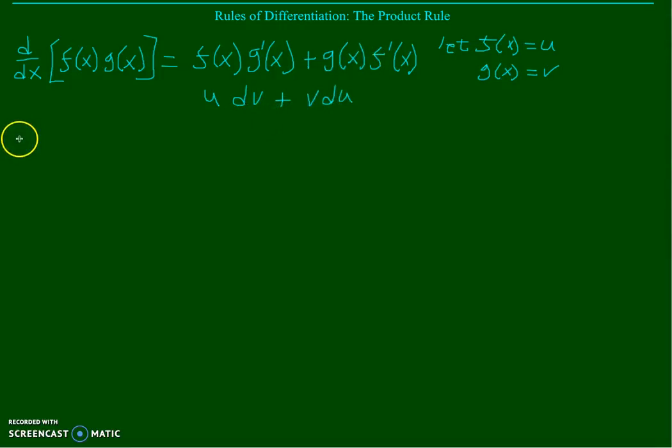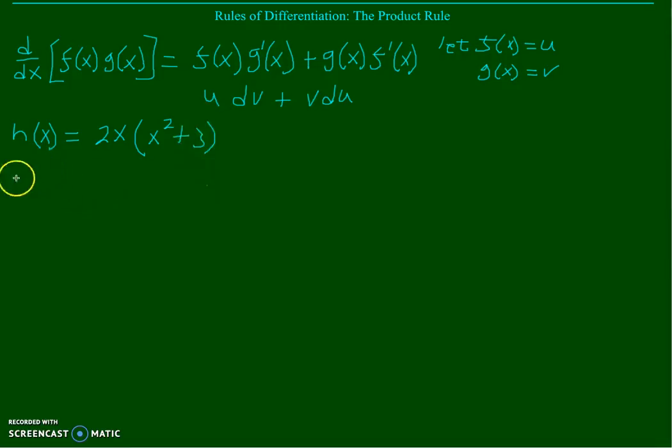So let's start out with a really simple function, and we'll call it h of x equals 2x times x squared plus 3.